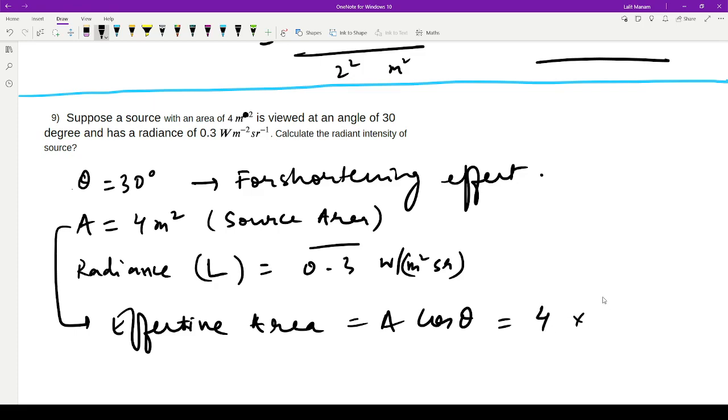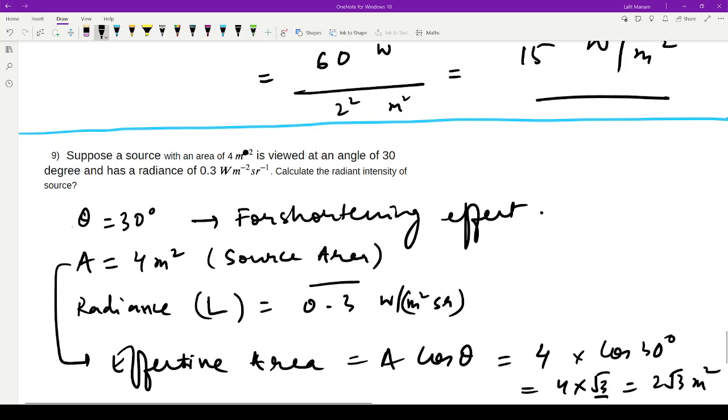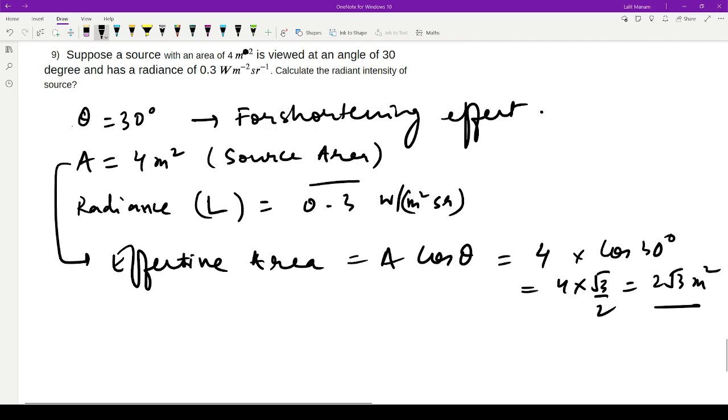So A into cos 30. Cos 30 how much? So root 3 by 2, giving 2 root 3 meters square. Given this effective area, now what? Radiant intensity. What is the unit of radiant intensity?